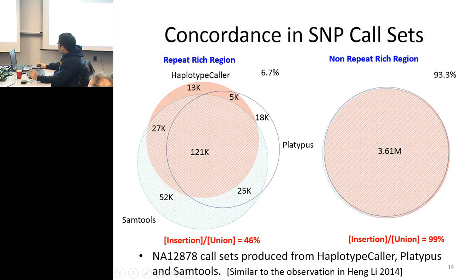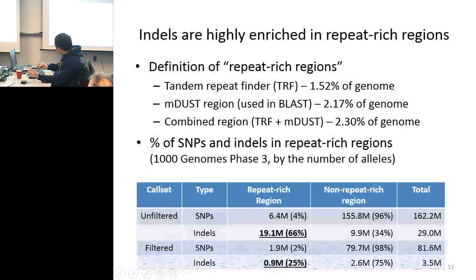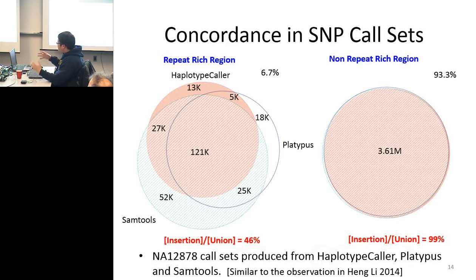The SNPs here form 6.7% of these three call sets, and the concordance is around 46% overall.